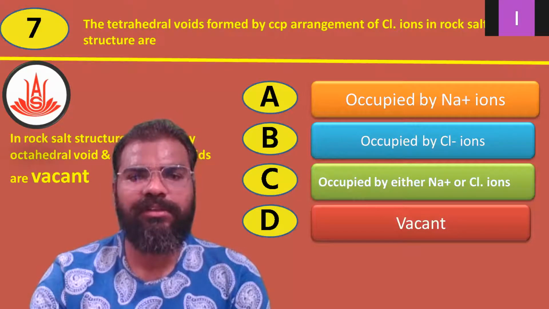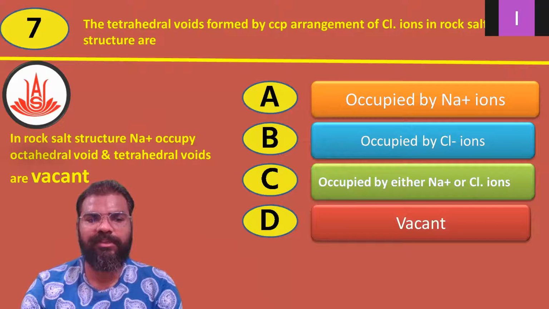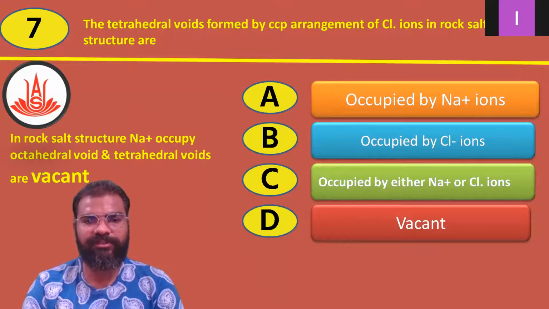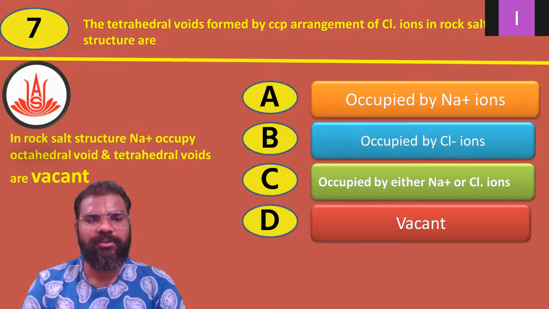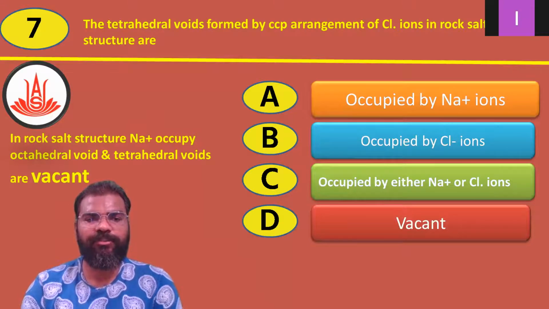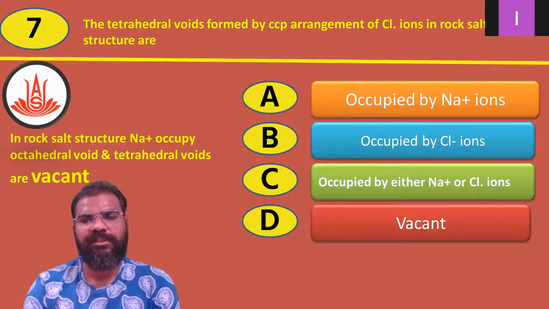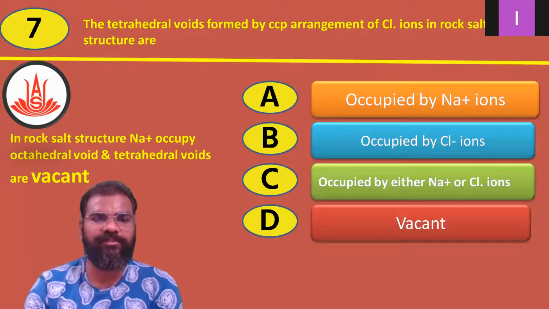So here, it is very easy based on the theoretical portion. In a rock salt structure, sodium ions occupy the octahedral voids and the tetrahedral voids are vacant. So the question they have asked is about the tetrahedral voids, that is, they are vacant. Option D is the correct answer for that.